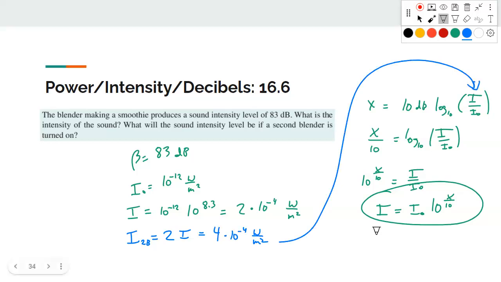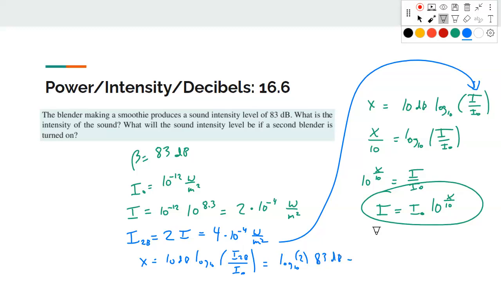And so we get our X in decibels that we're interested in is 10 decibels times log base 10 of this new intensity, the intensity with 2 blenders, over that same I naught. And you can see what's going to happen is we're going to increase that original value by log base 10 of 2, times 10 decibels.